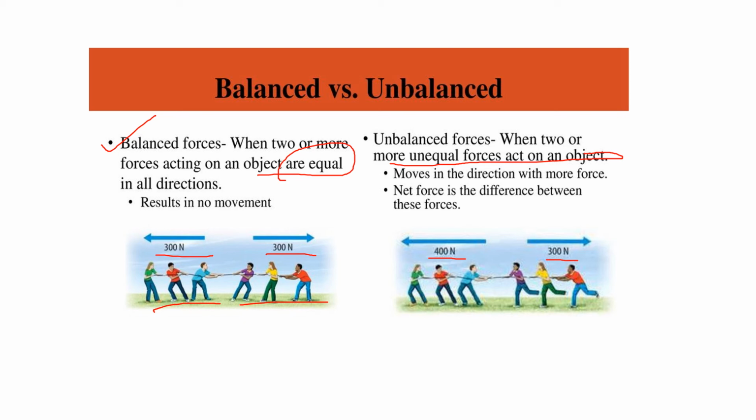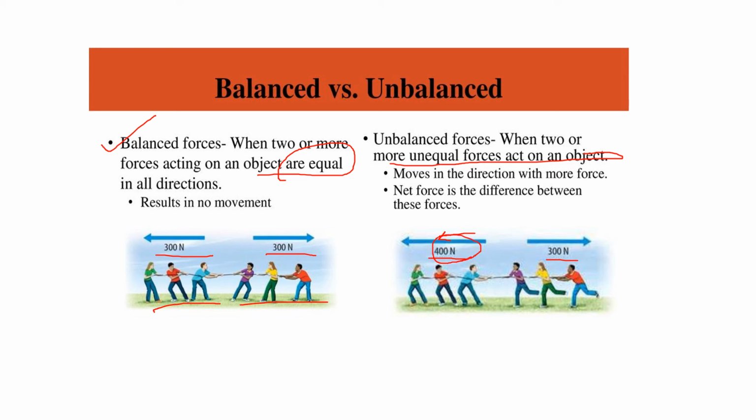So in this case, what will happen? In which direction do you think the rope will move? Obviously the rope will move in the direction of the greater force. Okay, so the rope will move in the direction where a force of 400 Newton is being applied.